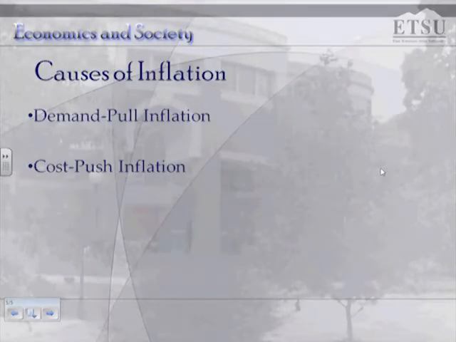There is not a good explanation of the causes of inflation that all economists agree upon. There's the question of whether, or I suppose it used to be more of a question of whether, inflation was caused by increases in demand. So demand from the consumer side pushes prices upward, and the prices of the final goods and services being pushed upward results in an increase in the price of the resources that are used to produce those goods and services.